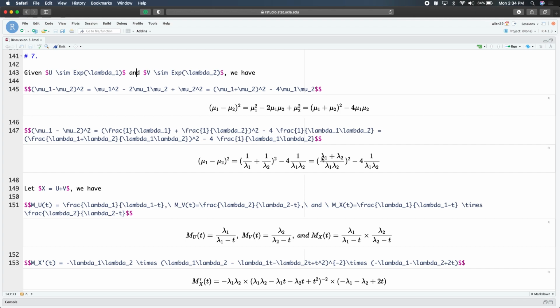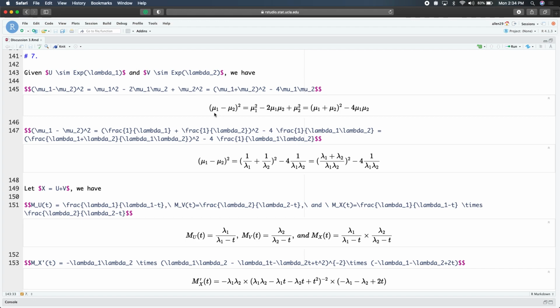Maybe mine is not the simplest way. When I was looking at this question, I took the square so that I could construct the components there, and later I found that I can solve for lambda 1 plus lambda 2 and lambda 1 multiplied by lambda 2. That's why I take the square, but maybe there's an easier way. At least this is what I did when I was looking at this question.